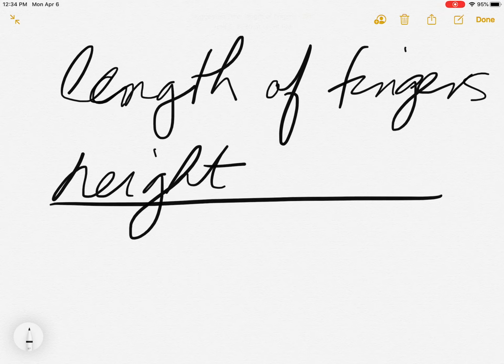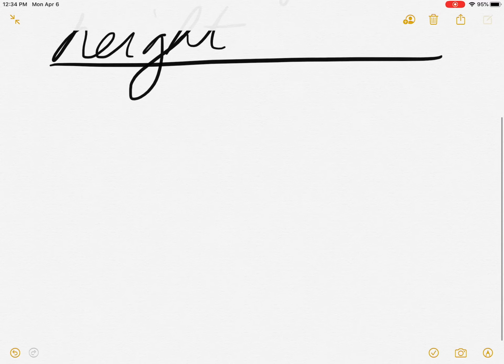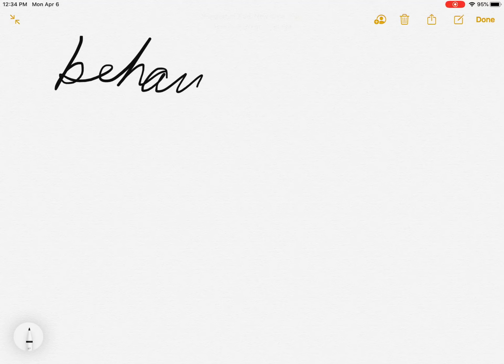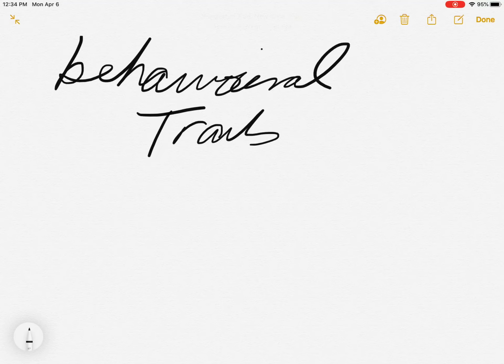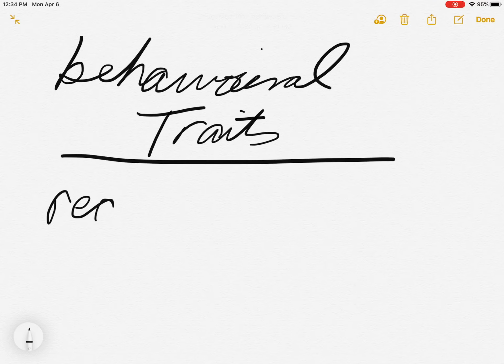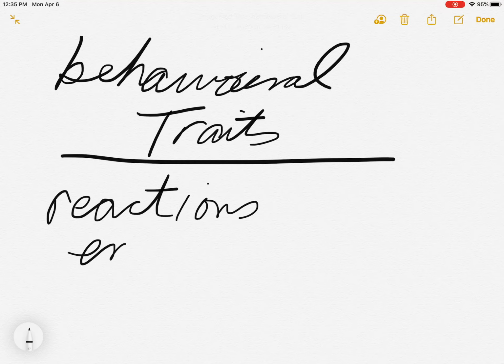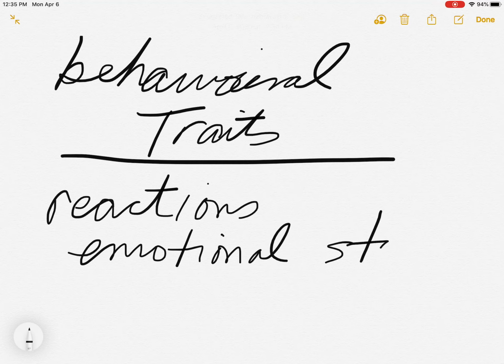We can also have what are called behavioral traits. Behavioral traits are things like how you react to a certain situation, reactions, emotional states.